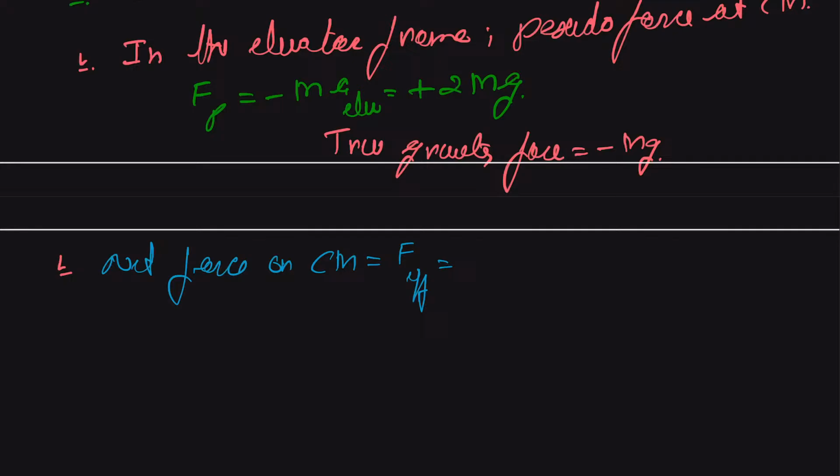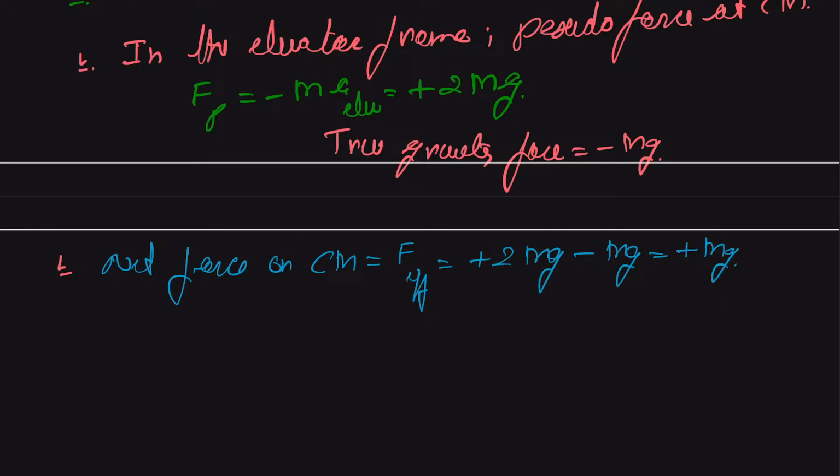Now we can find F effective, which will be our pseudo force plus this true gravity force. So we are going to get plus 2mg minus mg, giving us plus mg.